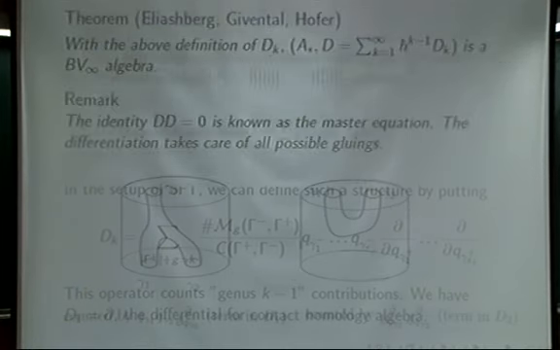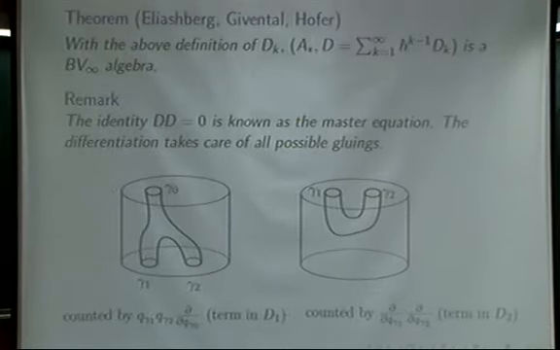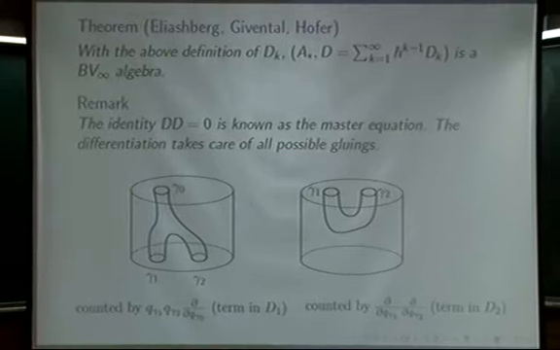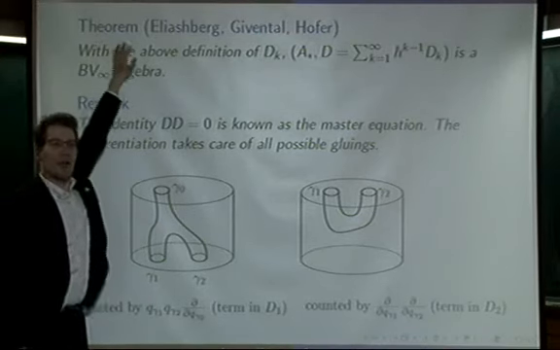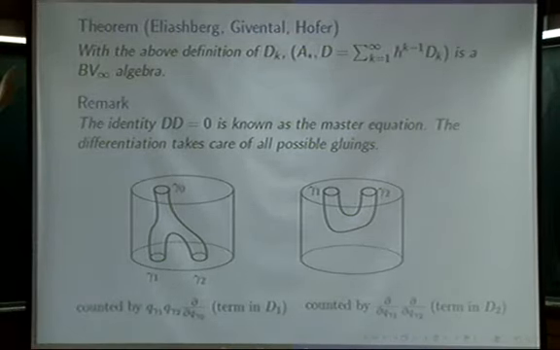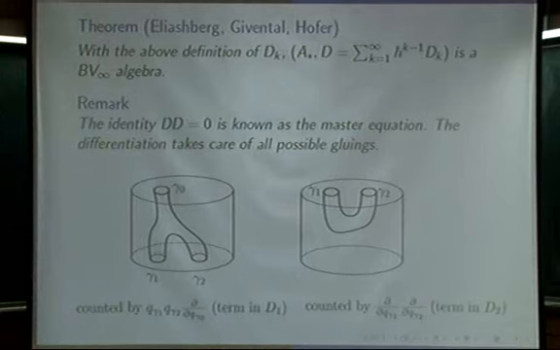And now this is from Eliashberg, Givental, and Hofer. So this is, well, a theorem. Every theorem should be modulo lots of assumptions, but they state it as a theorem in their symplectic field theory paper.